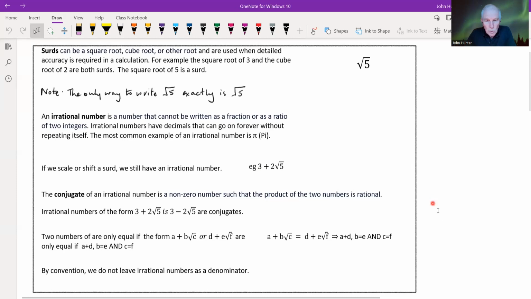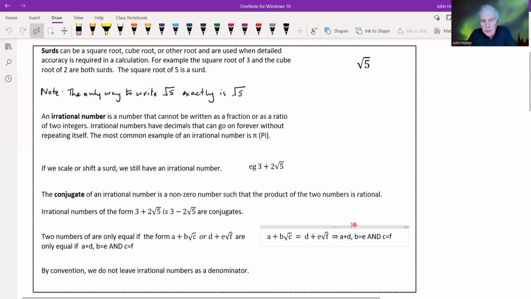All right, so that is one important concept that we need to understand, and we will use it in resolving problems around this. Two irrational numbers, of the form a plus b root c, and possibly d plus e root f, are only equal if a equals d, b equals e, and c equals f.